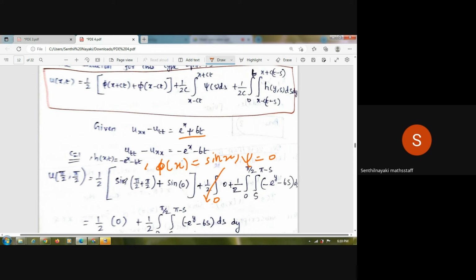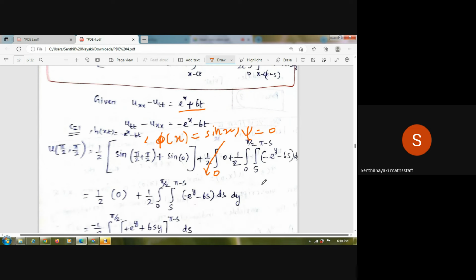In the first term, sin(π/2 + π/2) plus sin(π/2 − π/2). So π/2 plus π/2 is π, and sin π is 0. Sin(π/2 − π/2) is sin 0, which is also 0. Therefore this term becomes 0. The second term is also 0. So it is enough to evaluate the last term alone.